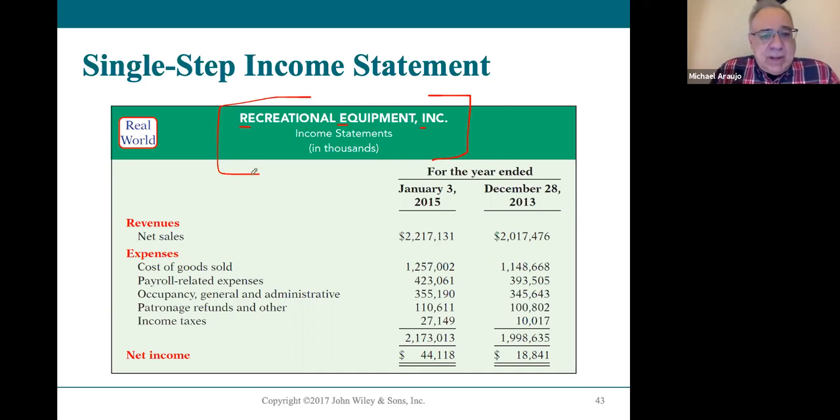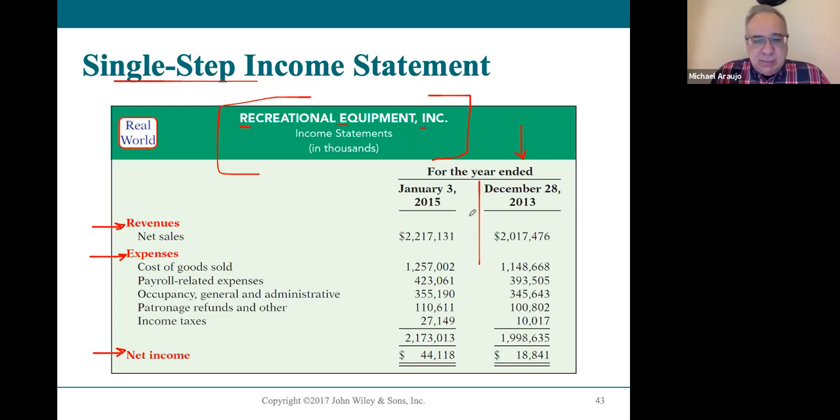So here is a single step statement showing your revenues are listed first, expenses are listed second, and your net income is listed at the bottom. What you have here is two fiscal periods. The first fiscal period in this column ended December 28th of 2013.